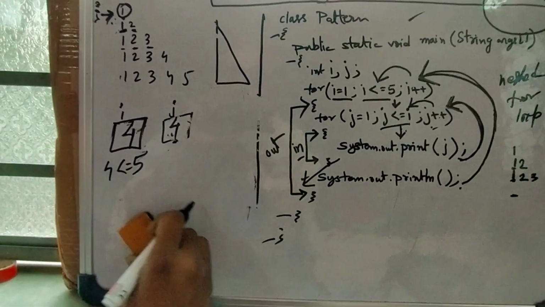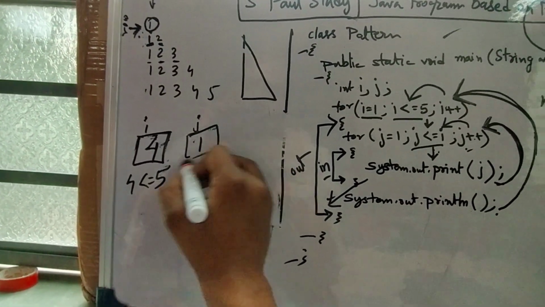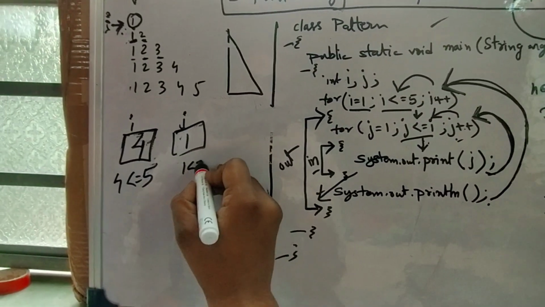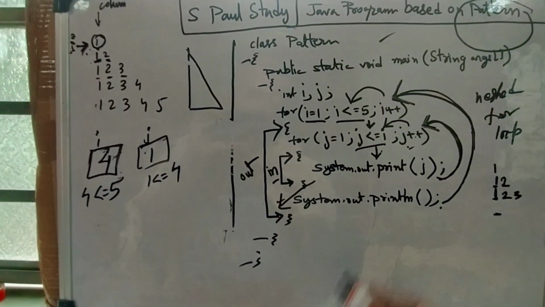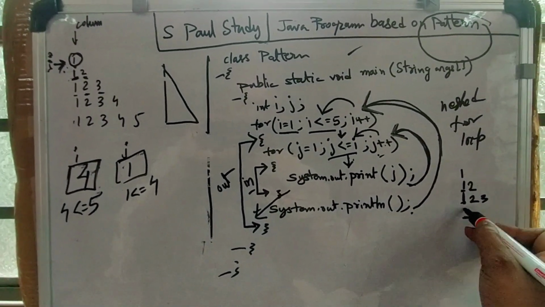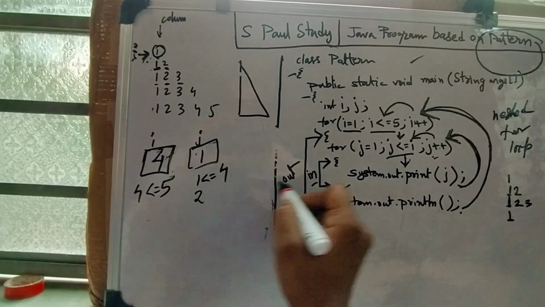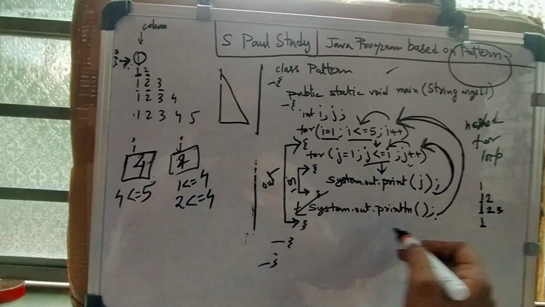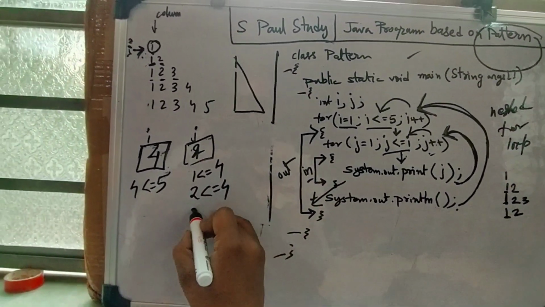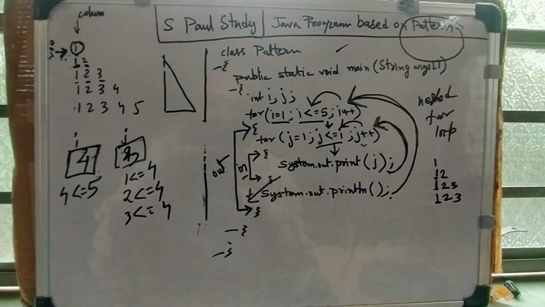So once a fresh loop starts, the value of j is again from 1. 1 is checked with i, whose value is 4, comes down, and prints the value of j, which is 1. Again j increases to 2, 2 is checked with 4, and 2 prints. 3 is checked with 4, and 3 prints.